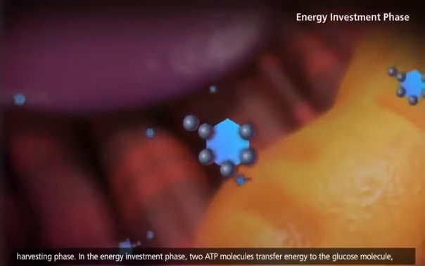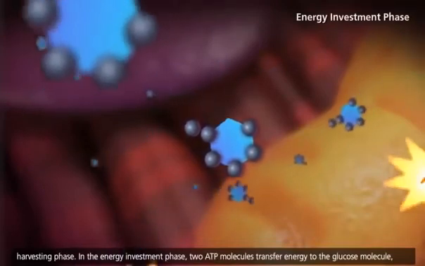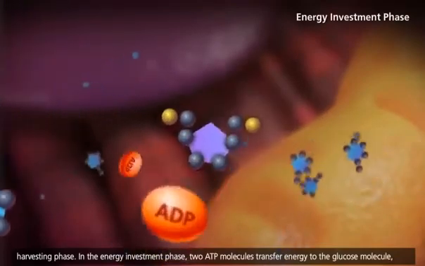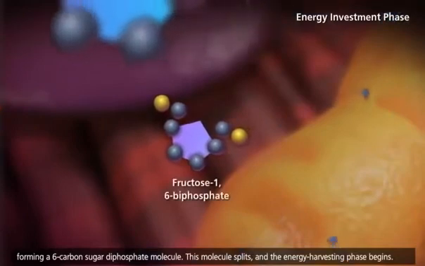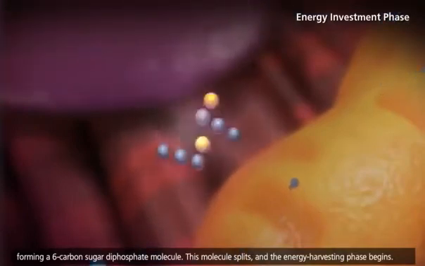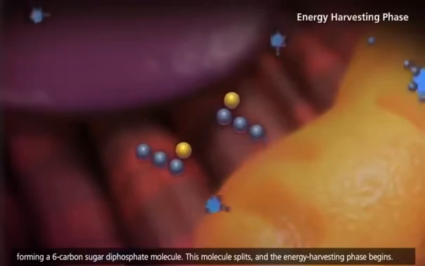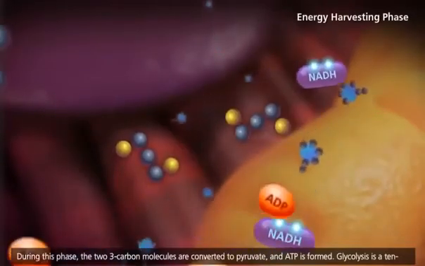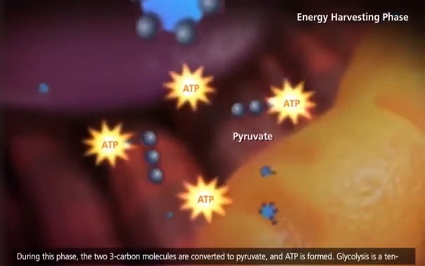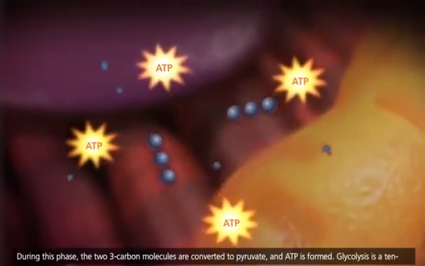In the energy investment phase, 2 ATP molecules transfer energy to the glucose molecule, forming a 6-carbon sugar diphosphate molecule. This molecule splits, and the energy harvesting phase begins. During this phase, the 2 3-carbon molecules are converted to pyruvate, and ATP is formed.